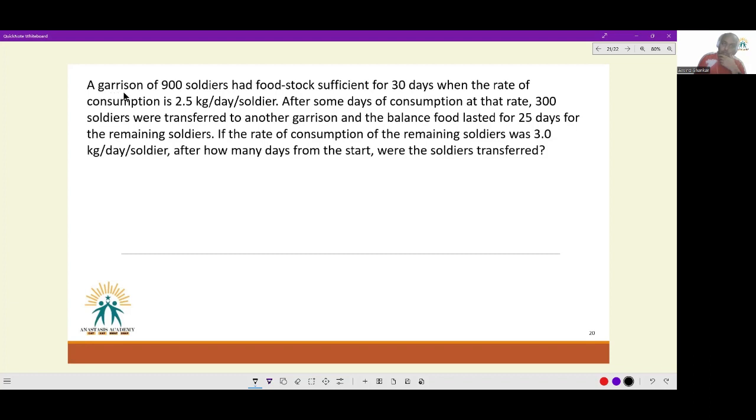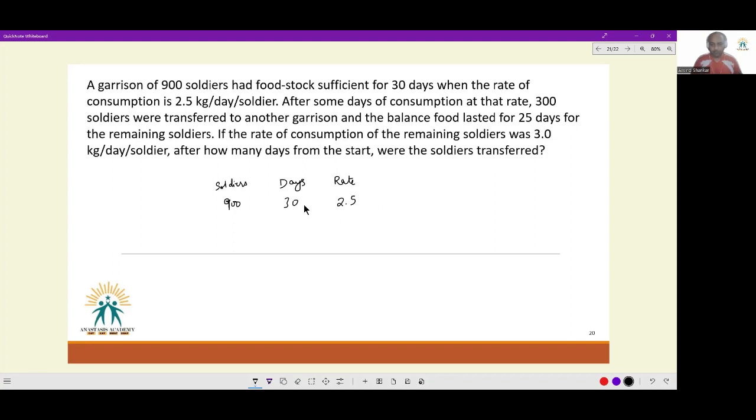First, we have a garrison of 900 soldiers. So soldiers is 900. The number of days for which the stock was sufficient was 30 days, and the rate of consumption was 2.5 kg per day.